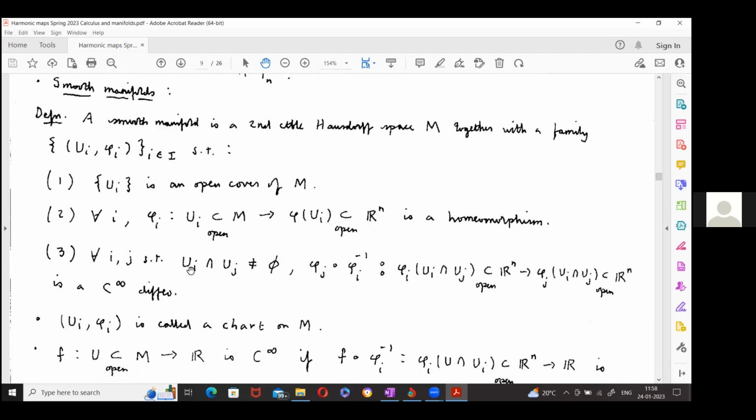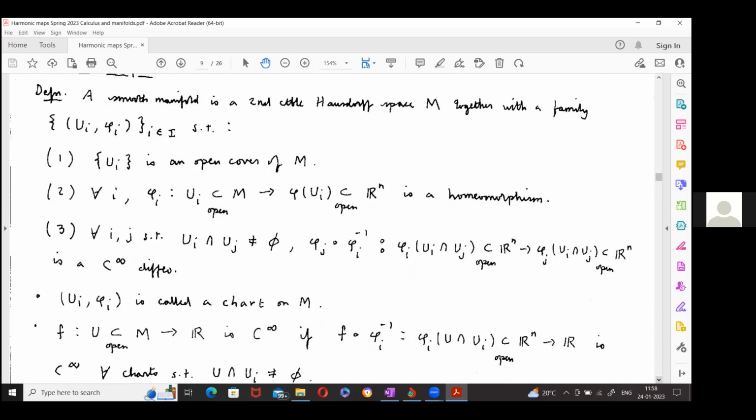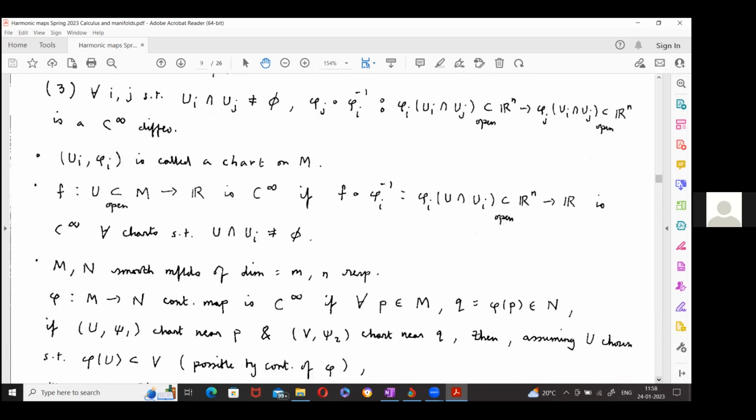And if I take two sets in this open cover which intersect, U_i intersect U_j, then you have the so-called change of charts map, phi_j composed with phi_i inverse, that goes from an open subset of R^n to an open subset of R^n. Those maps should be C infinity diffeomorphisms. So this is the definition of a manifold of dimension n. These pairs (U_i, phi_i) are called charts on M.